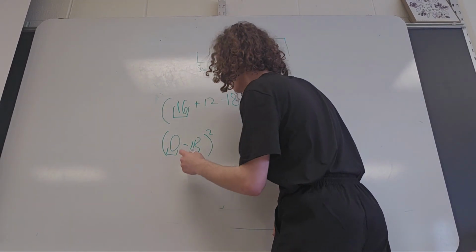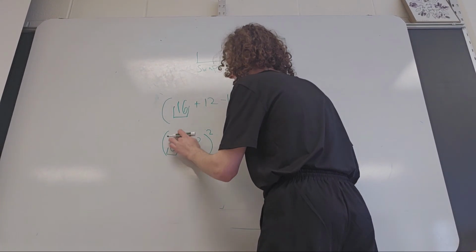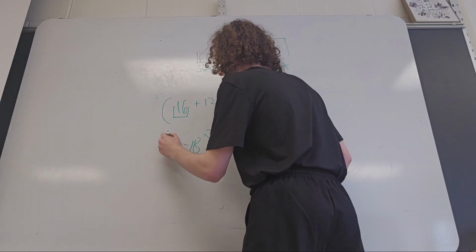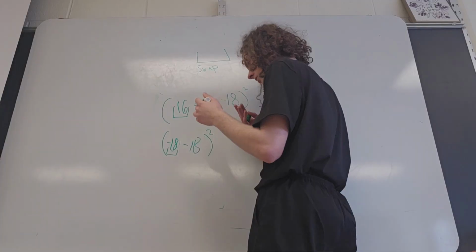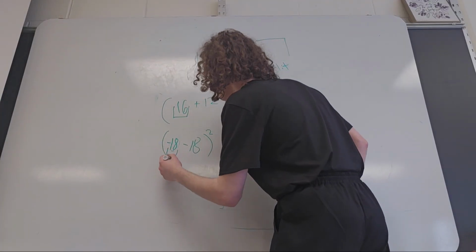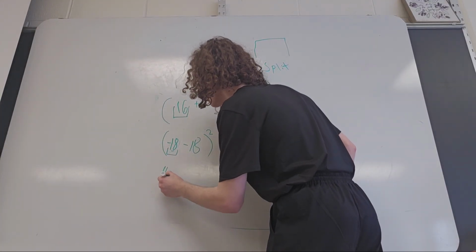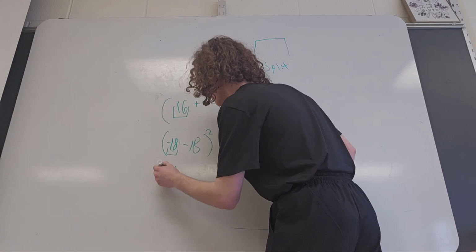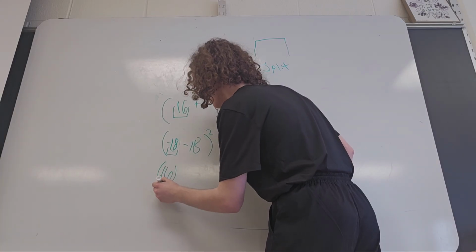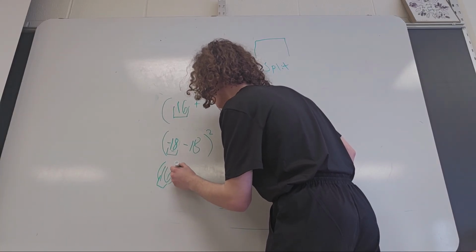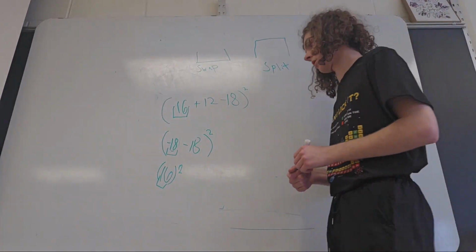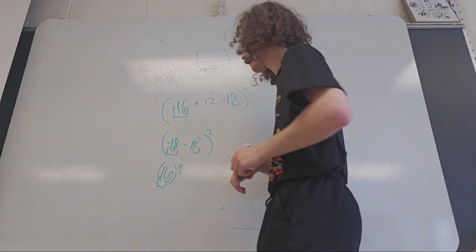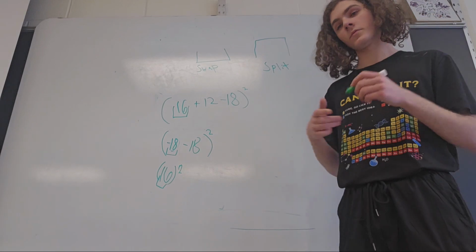Then it swaps again, and this 0 becomes 18. Then it swaps again to this 16. This, and since there's no more go, it becomes 16 to the power of 2.